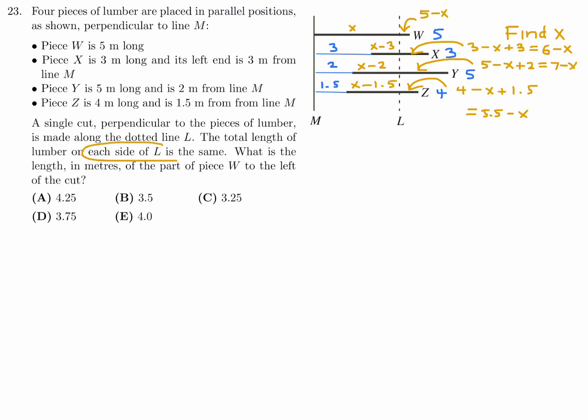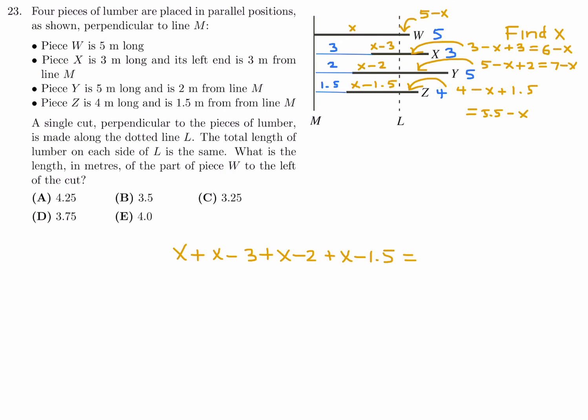Now, this piece of information is very important, obviously. It tells us that what's on the right side is equal to what's on the left side. So what is on the right side? We got these 4 guys, so let's add them up. We have x plus x minus 3 plus x minus 2 plus x minus 1.5.